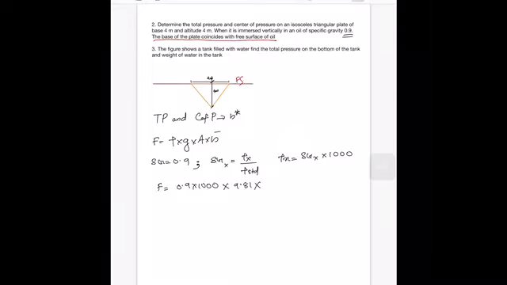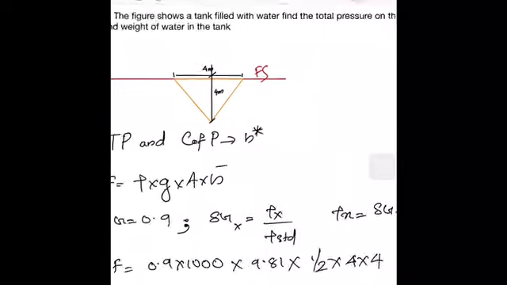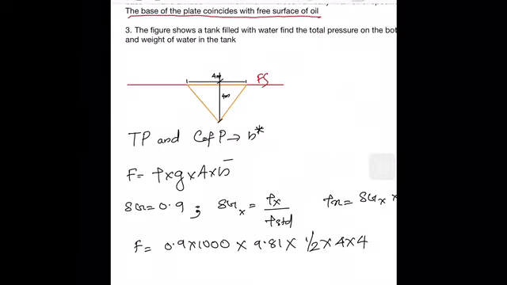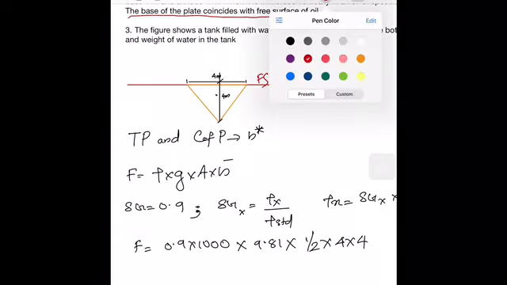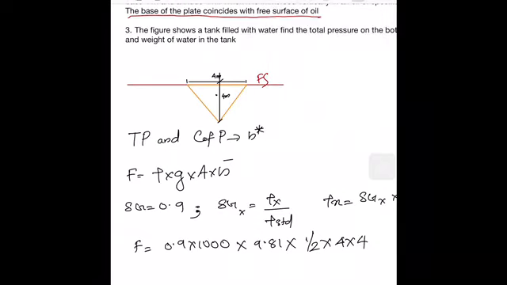Now area of the figure. Area of triangle is half BH, half into base equal to 4, altitude equal to 4, and H bar. Now you all are familiar with the center of gravity of a triangular section. Center of gravity of a triangular section will be at 1/3 from base.